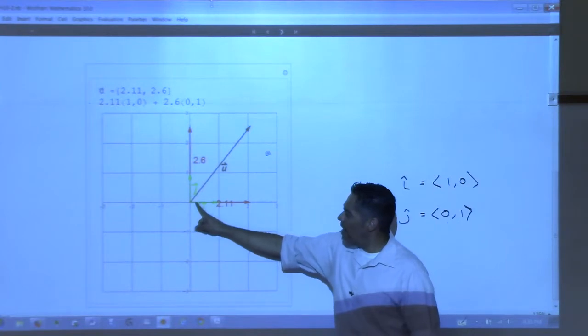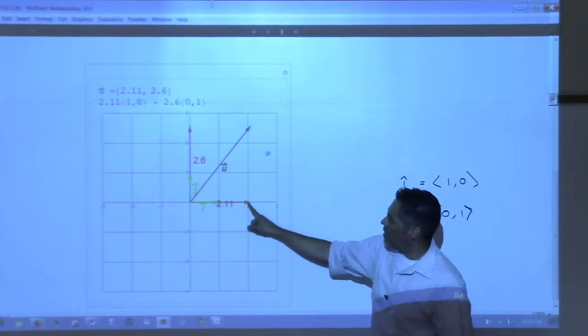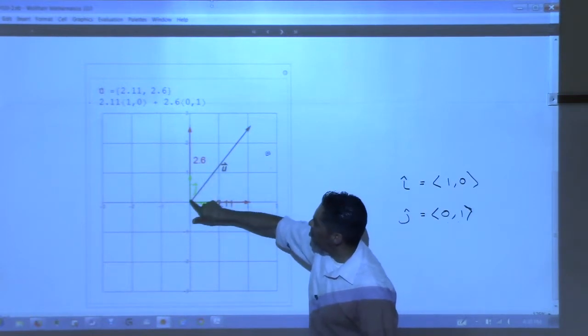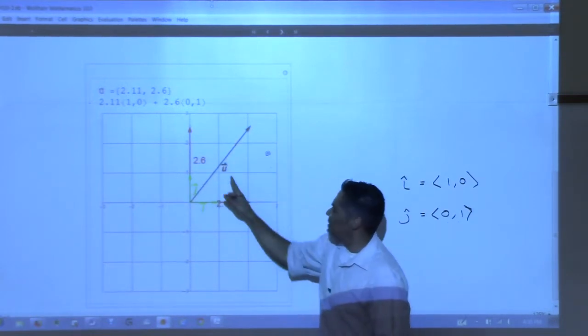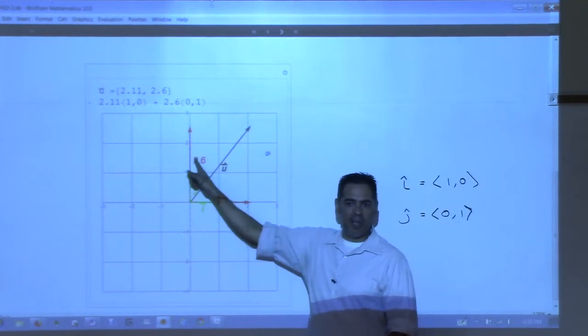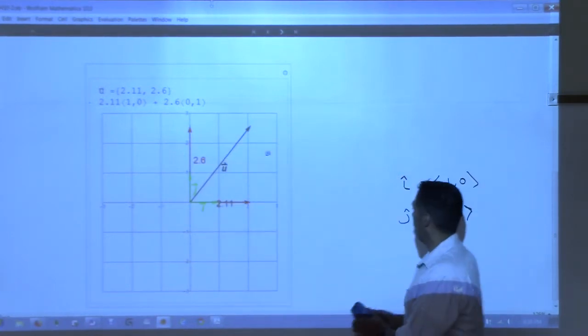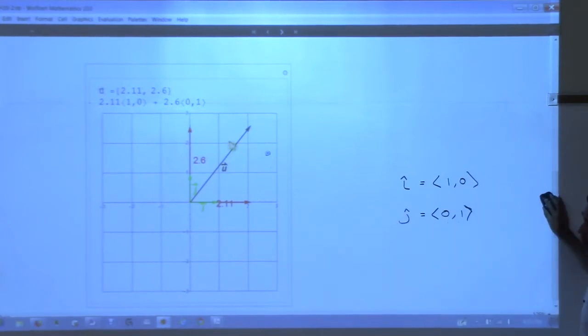If I multiply i hat by a number, in this case 2.11, I'll be here. If I take j hat and multiply it by a number, in this case 2.66, I'll be here. And then if I attach these tip to tail, I'll wind up here by the parallelogram law. And that works for every single vector you can ever come up with. There's always some way to get to that vector using those two.